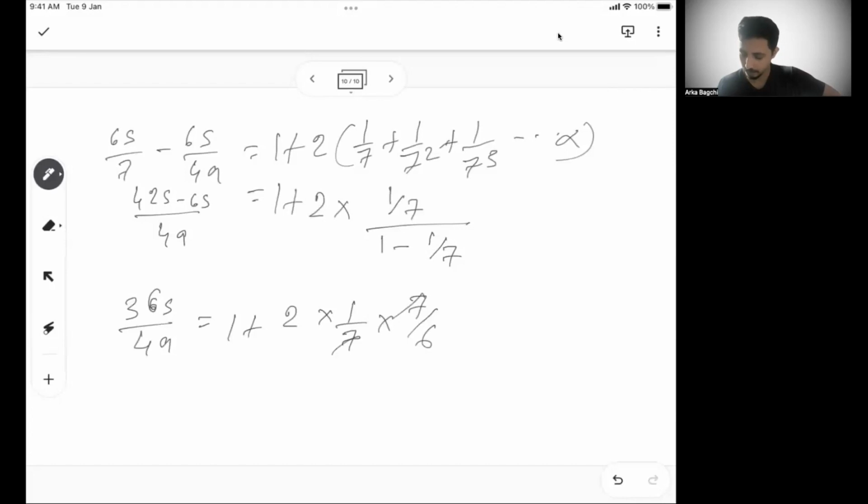And 7 gets cancelled. So 36s by 49 is equal to 1 plus 2 by 6, or 1 by 3. And then from here you can calculate s. So that's how you can do it.